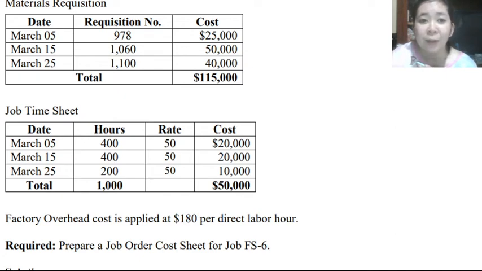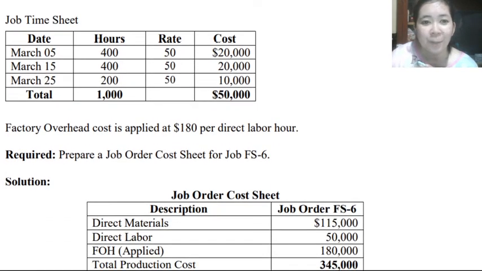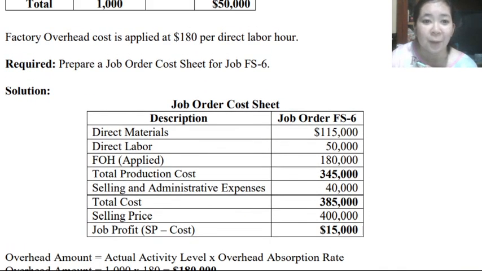And our factory overhead cost is applied at 180 per direct labor hour. So the requirement here is for us to prepare a job order cost sheet for job FS-6. So this is how it would look like.